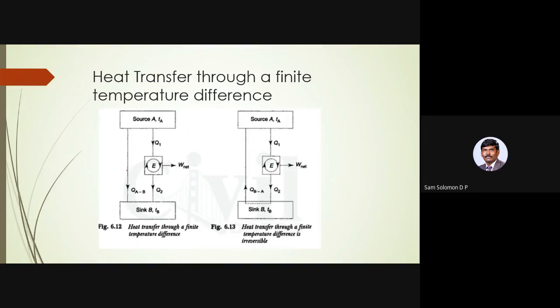If this is to be reversed, then QBA will be the amount of heat that will move back to the source. Whatever heat has gone from A to B, if it has to be reversed, then QBA will be the amount of heat that will go back to the source. And let's imagine that this QBA is equal to QAB.